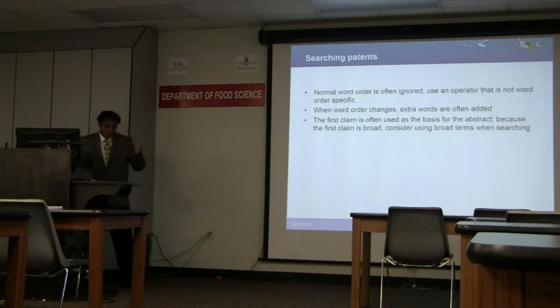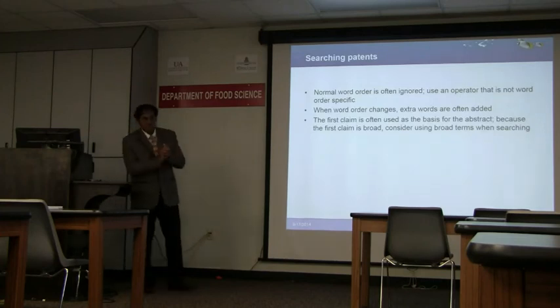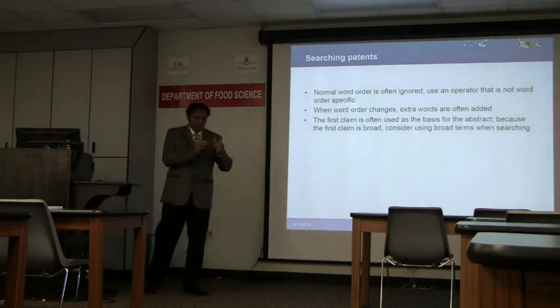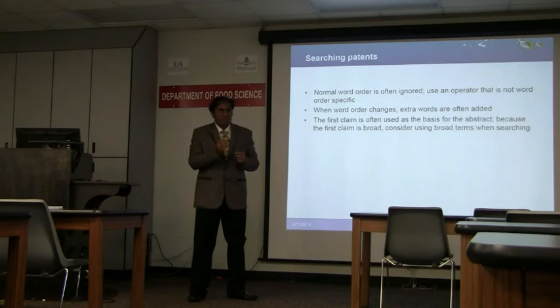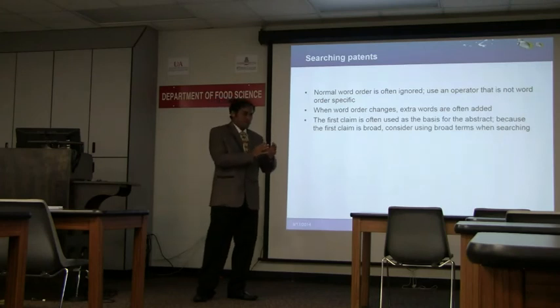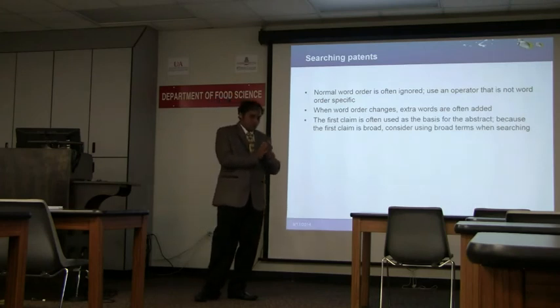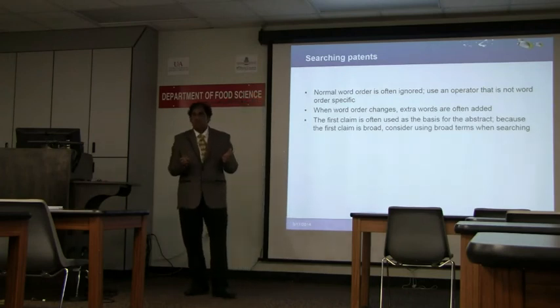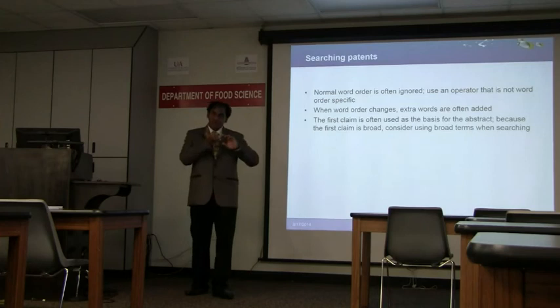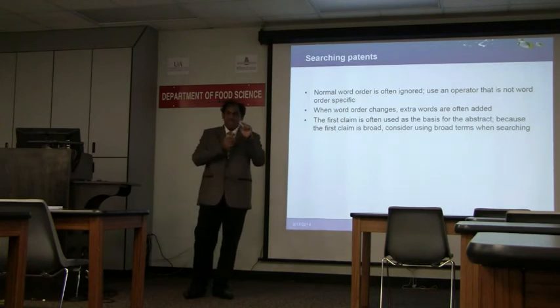And while using operators, if you use any journal database, it provides three operators: and, or, and not. But if you go for a dedicated patent search database, for example Thomson Innovation, they provide certain other operators like near 2, near 3.